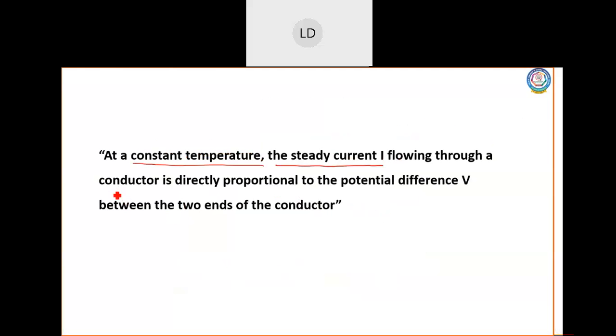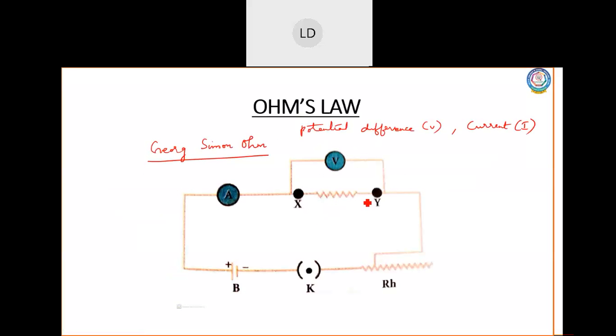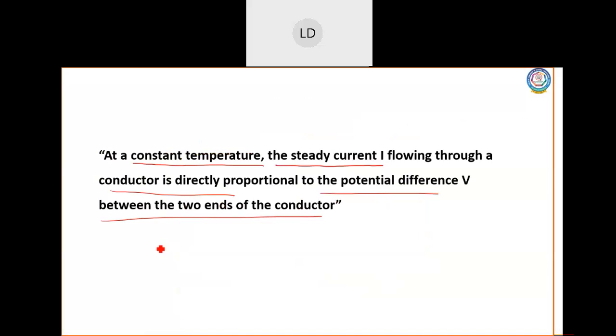When you allow current to pass through it, the current is directly proportional to the potential difference between the ends of the conductor. Will there be a potential difference between these ends? Yes, definitely, because you are giving a voltage through a battery. So the voltage you give varies the current, and the current is directly proportional to the potential difference. Very, very important definition.